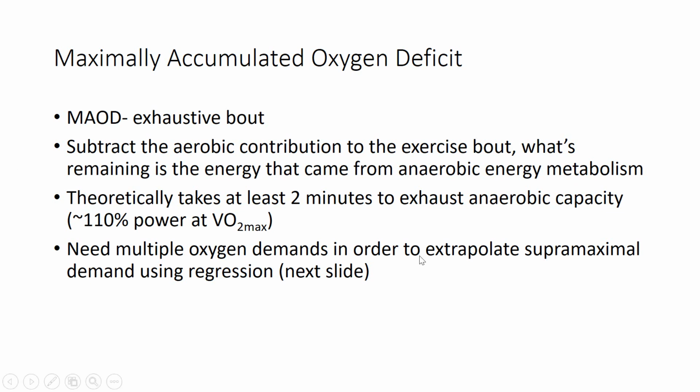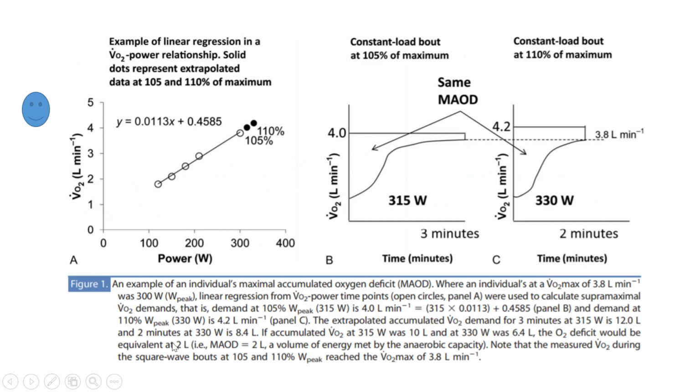And then the last thing to mention is that you use multiple oxygen demands at lower intensities to extrapolate with linear regression the sub or supramaximal demand. And so this is a figure from that article that you kind of dove into for the last module, which Ida Clark and I wrote.